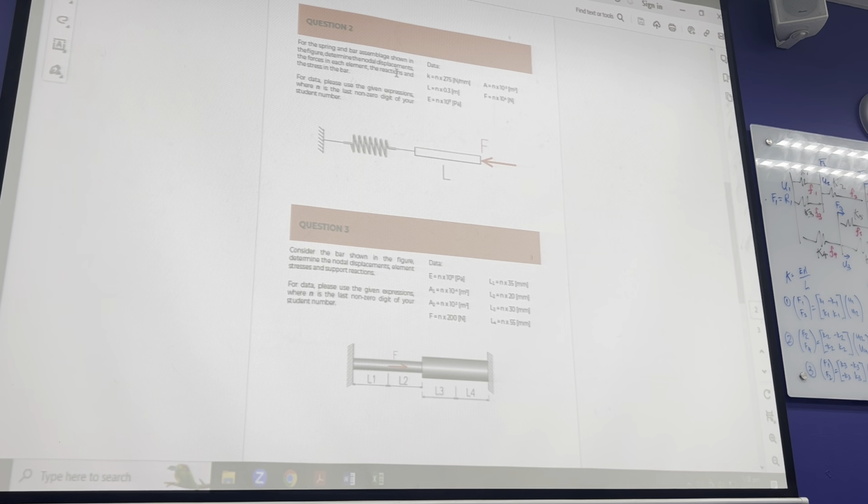Plus K4, minus K4, minus K4, plus K4. Anybody don't agree?